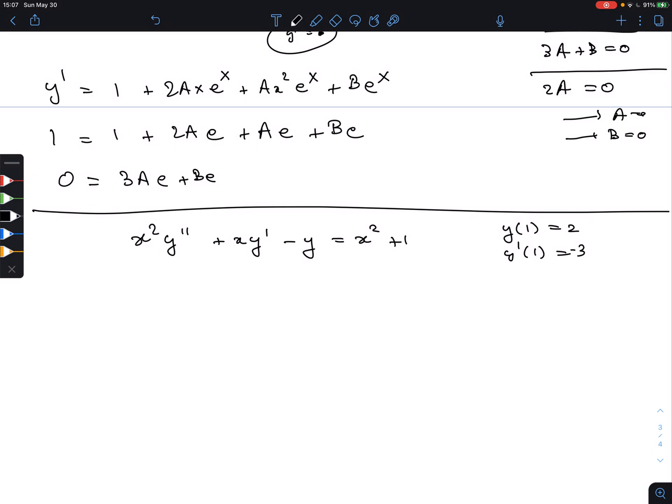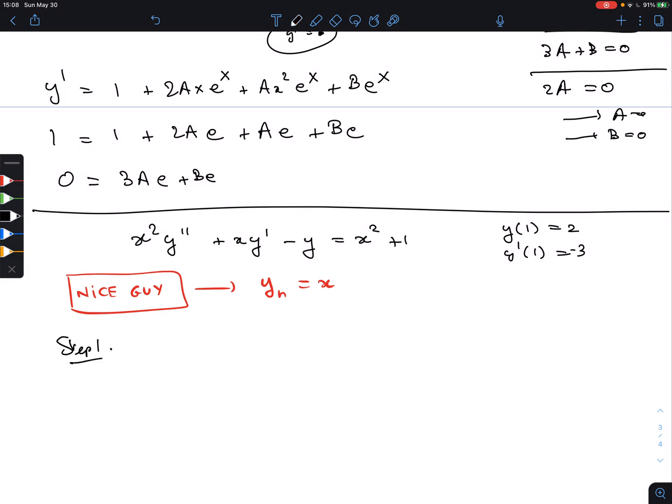Some nice guy told us that a solution is x. Not a major revelation, because we could have tried that. This x would be a solution for the homogeneous one, that's why I put the h here.